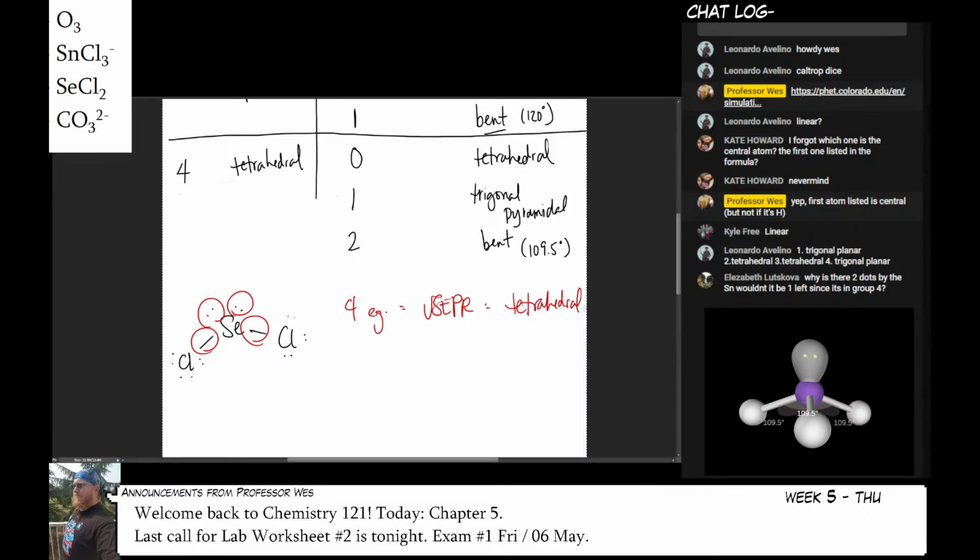So why are there 2 dots on the Sn? Wouldn't there be one left since it's group 4? So remember that we count valence electrons for our molecules by adding all the things together. But then there was this minus charge on there. This minus charge right here is an extra electron.